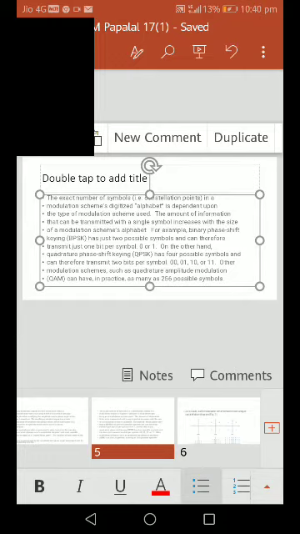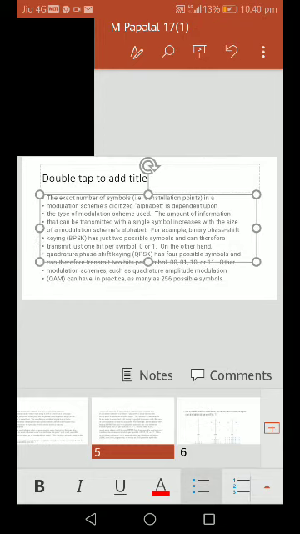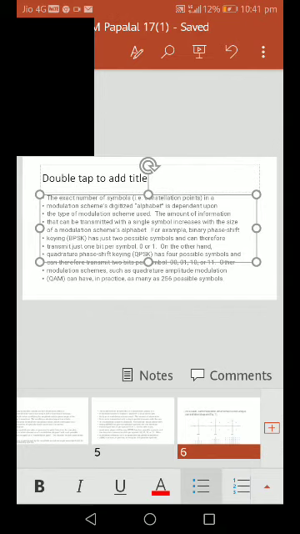On the other hand, quadrature phase shift keying has four possible symbols and can therefore transmit 2 bits per symbol: 00, 01, 10, and 11. Other modulation schemes, such as quadrature amplitude modulation, QAM, can have in practice as many as 256 possible symbols.